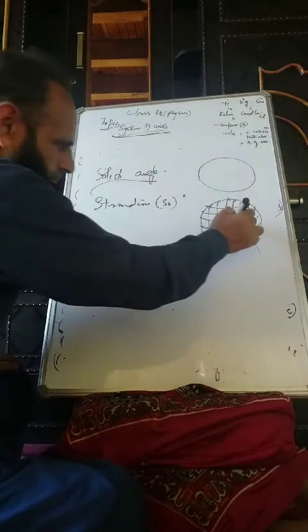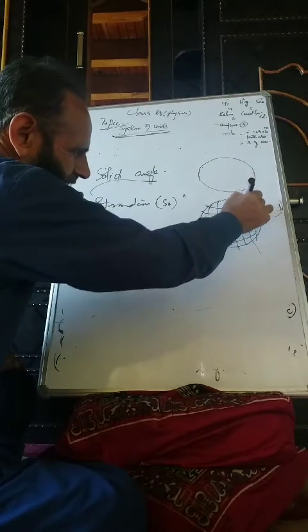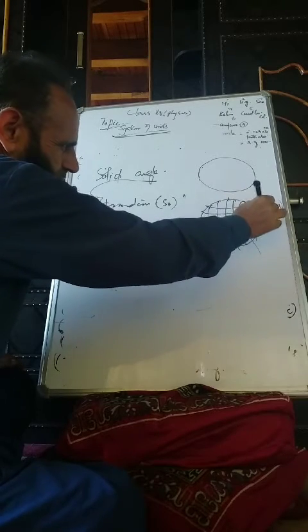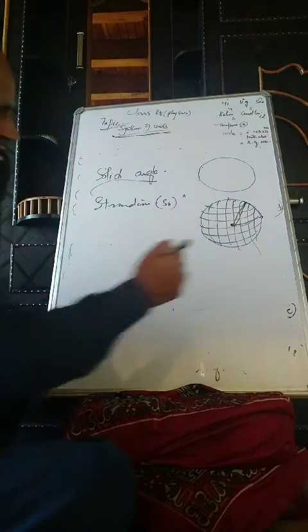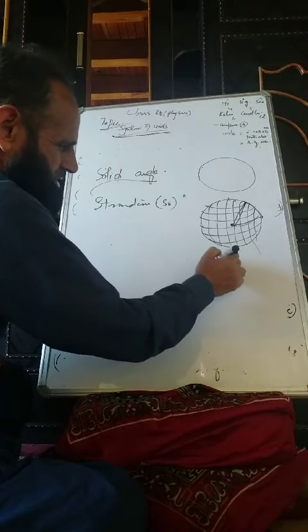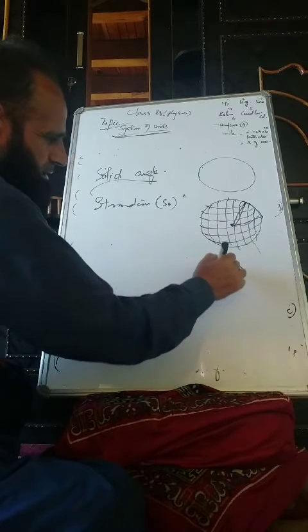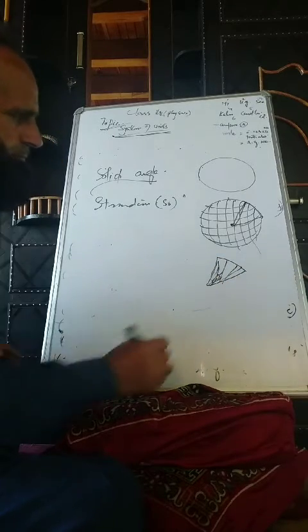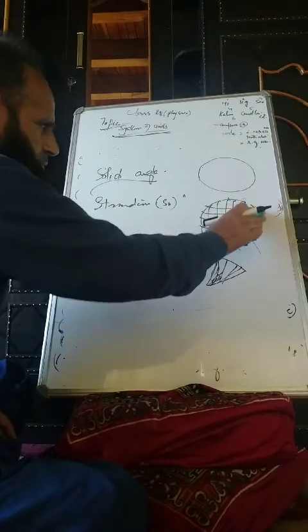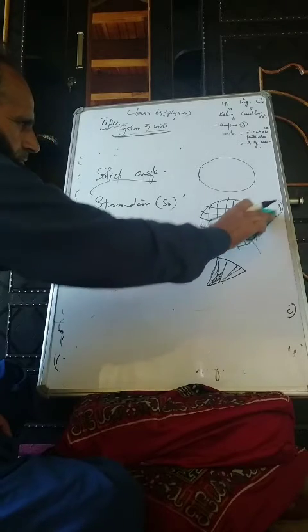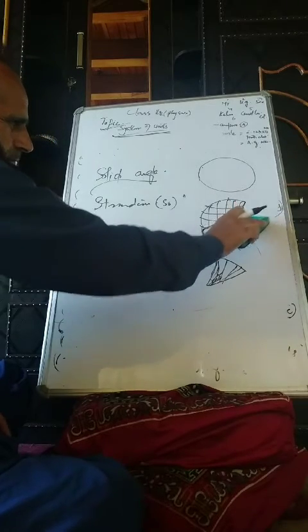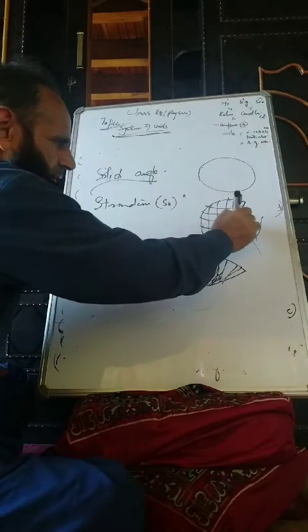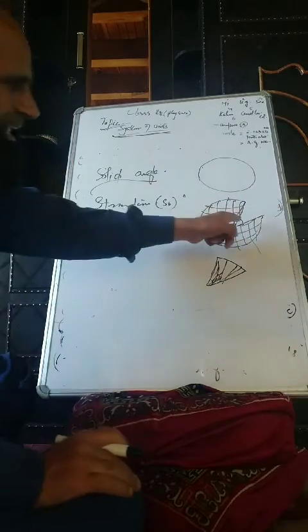If we take a portion, just like a wedge shape, and take it out of the sphere, it forms an angle here.